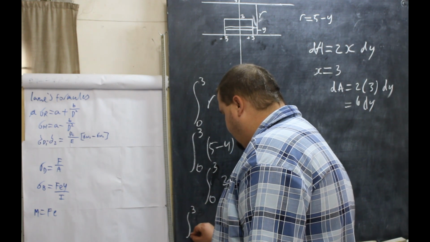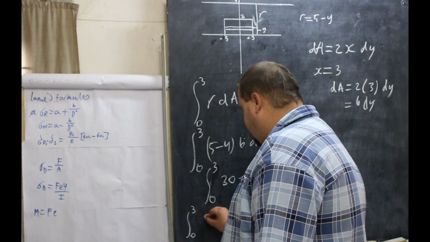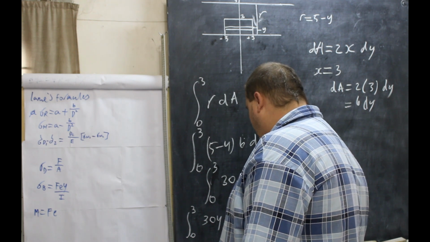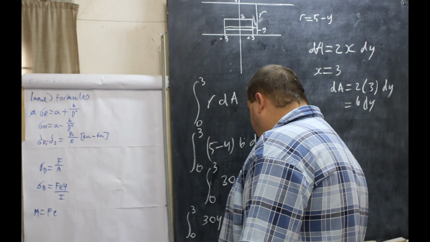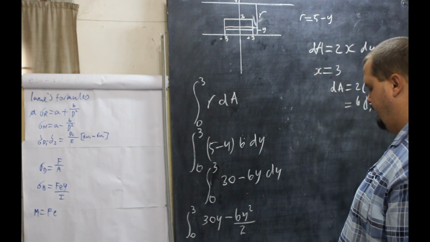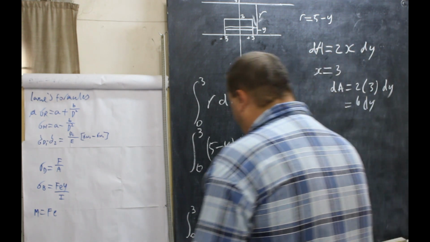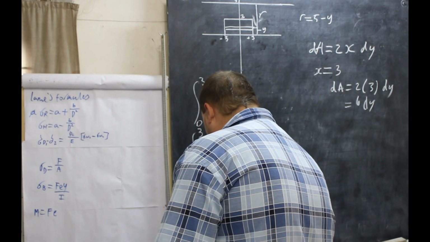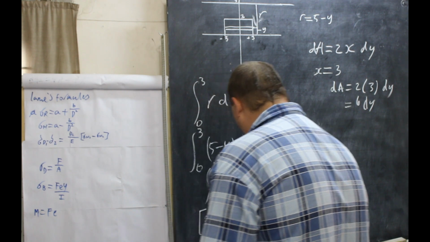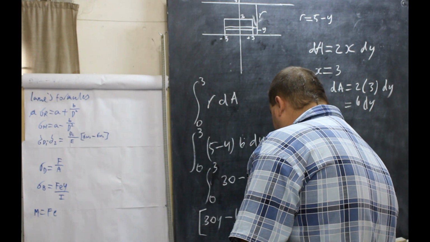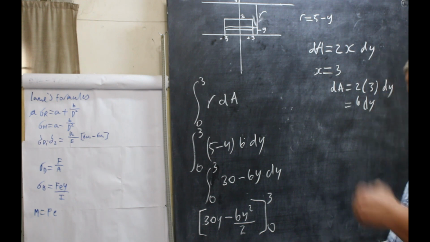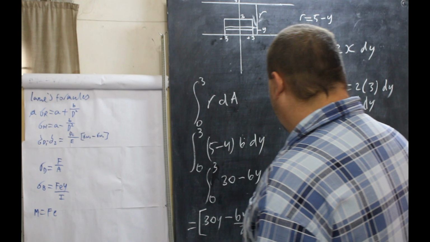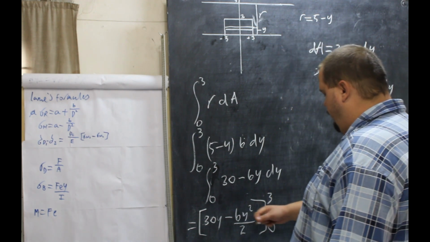This is the first moment of area. So this is 30y minus 6y squared over 2 when we've integrated, from 3 to 0. So now that we've integrated, we put 3 where there's y.